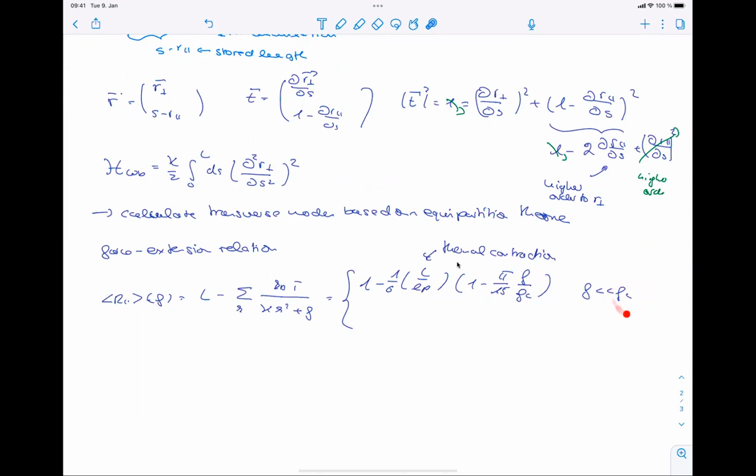And small here is determined by, as a reference value, the force of Euler buckling. So that's the Euler buckling force. And at large forces, we find that the force extension curve diverges as expected.